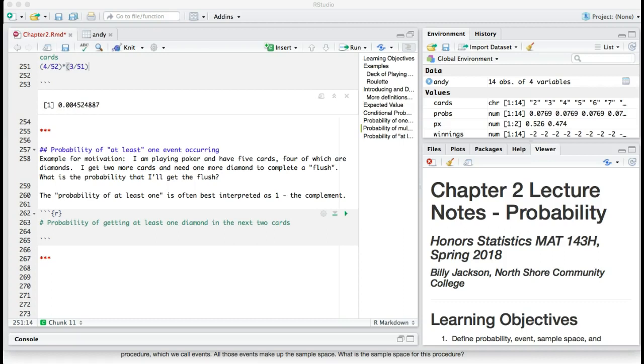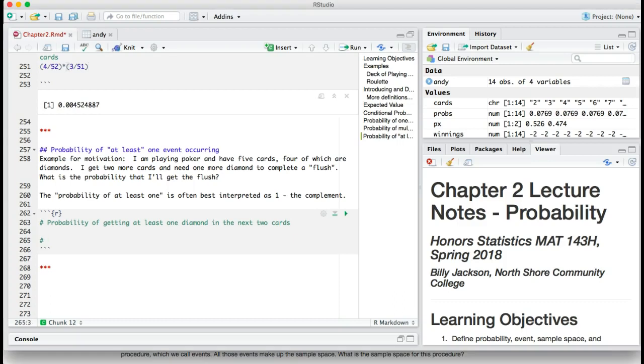What's the probability that the one situation occurs which would be bad for me, and all the other situations would be good for me? So in this overall goal of getting at least 1 diamond in the next 2 cards, first find the probability of no diamonds. And then the probability of at least 1 diamond is the complement of no diamonds.